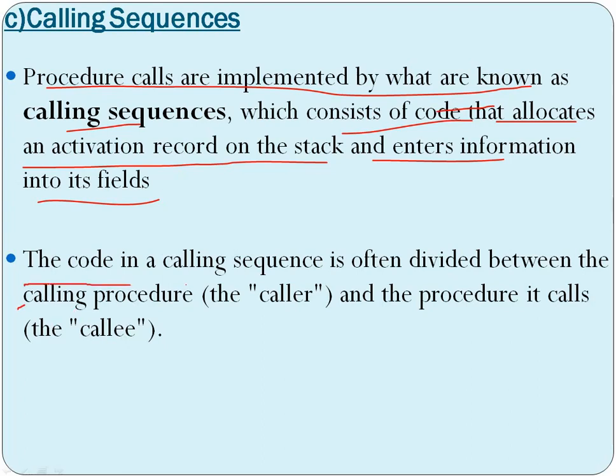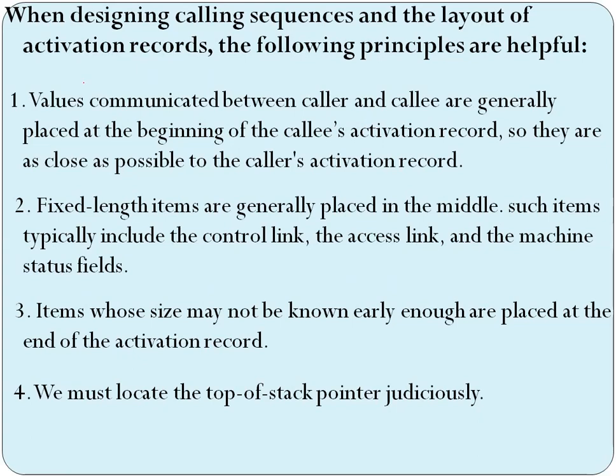The code in a calling sequence is often divided between the calling procedure and the callee procedure. The procedure that makes a call to another is called the calling procedure. The procedure that is being called is called the callee procedure.